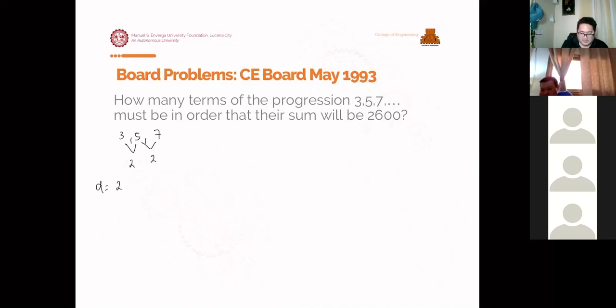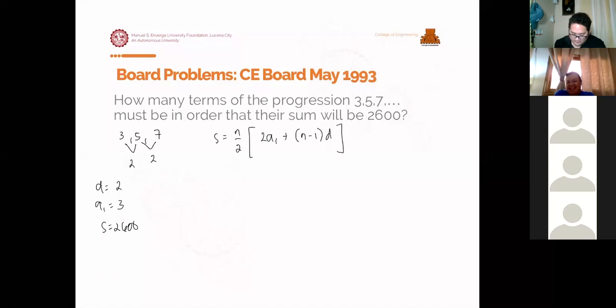Ang a1 natin is 3. Wala tayong value ng n, pero meron tayong value ng sum. Ang formula ng sum natin kanina is n over 2 times 2a1 plus n minus 1 d. Pinapahanap is yung number ng terms na magbibigay ng sum na 2,600.